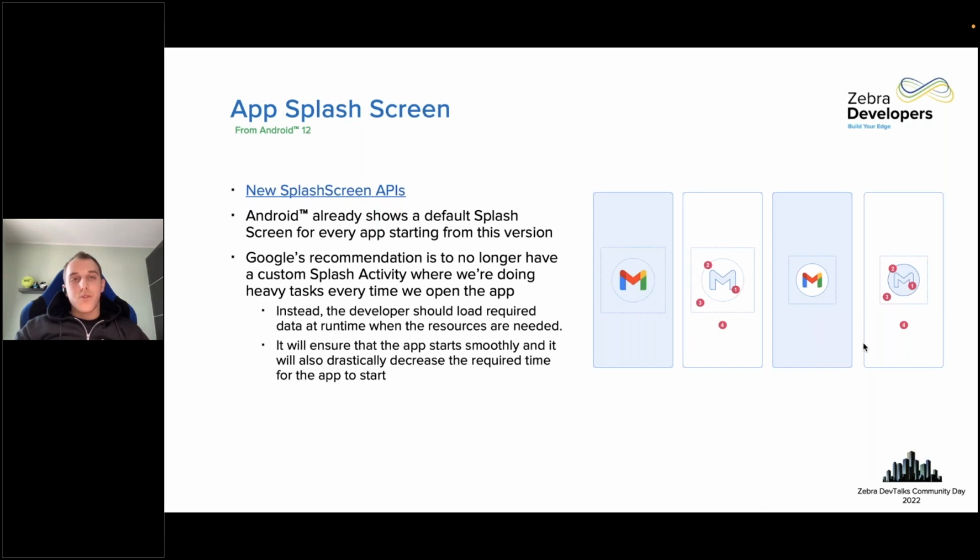So essentially what's changing now for the splash screen is that you're only going to have the ability to change the appearance of this splash screen, which, like I said, is going to be there by default now. And you can do that by using the splash screen APIs that Google has put at your disposal.